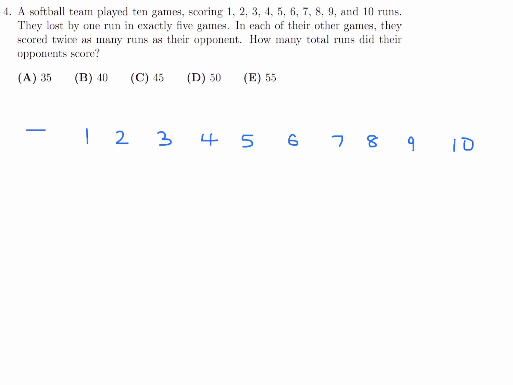So this is the team and this is the opponents. So anytime it's an even number, we can use that to figure out their opponents. In each of the other games, they scored twice as many runs as their opponents. So that means the opponents would have scored 1, 2, 3, 4, and 5 for those games, because the number of runs has to be an integer.